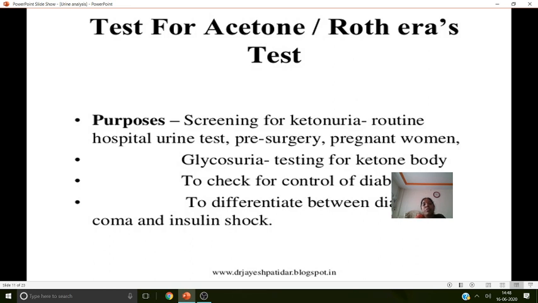Glycosuria, that is the presence of a large amount of glucose in the urine, and to check for control of diabetes, and to differentiate between diabetic coma and insulin shock. So we are able to differentiate diabetic coma and insulin shock by doing this Rothera's test.